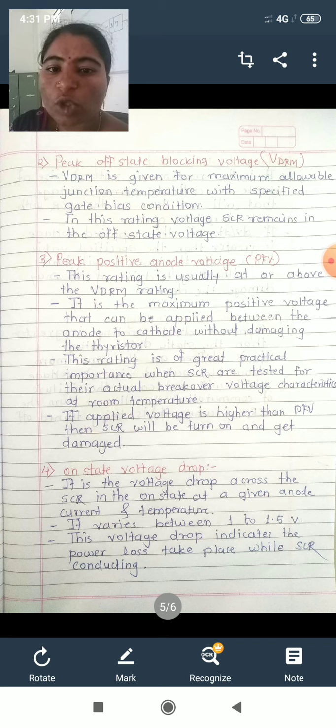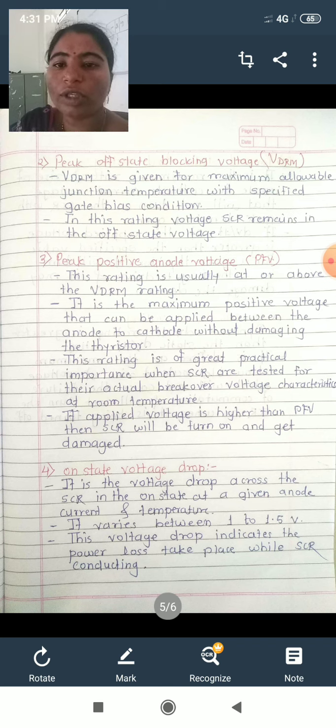This rating is of great practical importance when SCRs are tested for their actual breakover voltage characteristics at room temperature, because only this voltage, that is PFV, will decide the SCR breakover voltage. And if the applied voltage is higher than the peak positive anode voltage, then the SCR will be turned on and get damaged.